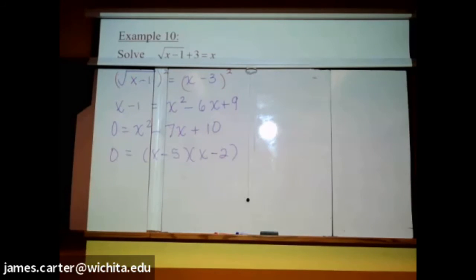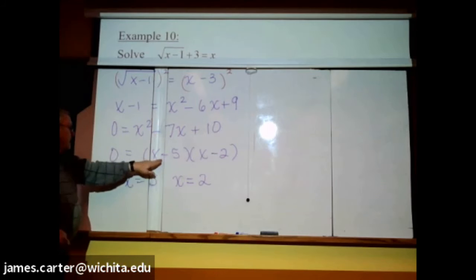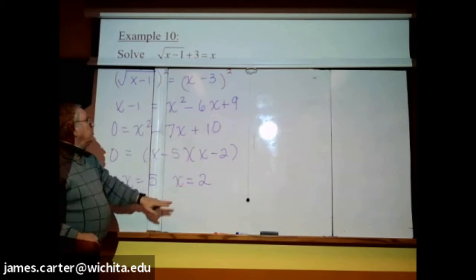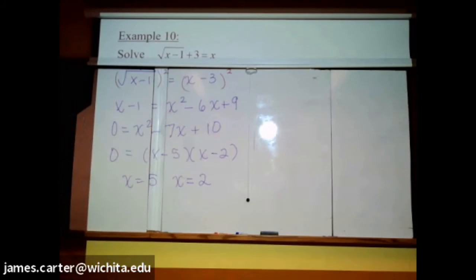So this factors into that, and they're both negative. So my two solutions then are going to be x equals 5, x equals 2. Now I have to test those and see if they give me a truth. Okay?